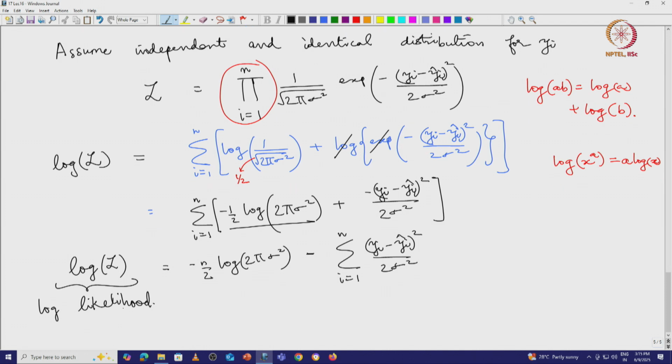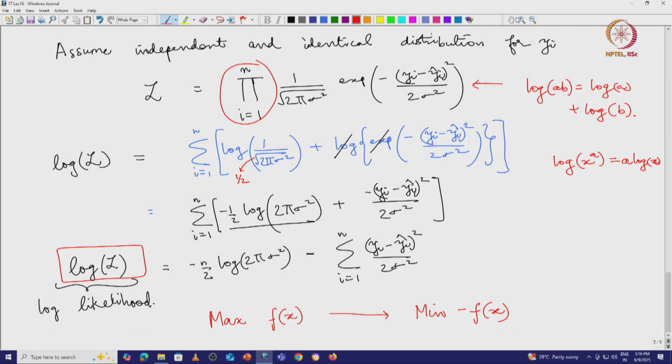Okay. Now in optimization, you may remember that if you maximize a function f of x, that is equivalent to minimizing minus f of x. Essentially multiplying by a minus makes the max a min, and that is something we can exploit here. Essentially we want to maximize the likelihood that based on the measurements yi hat, or the predictions yi hat, the values yi are actually distributed in this way.